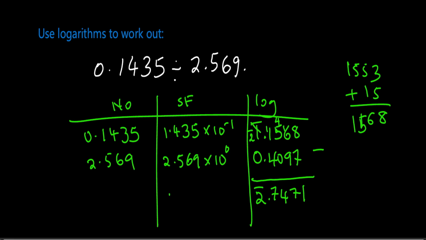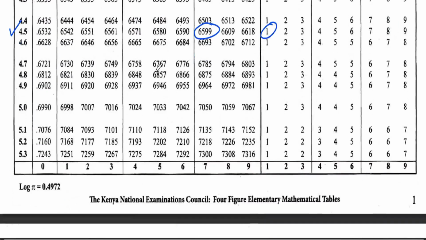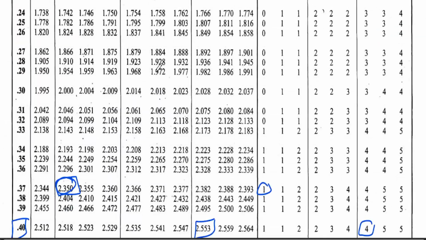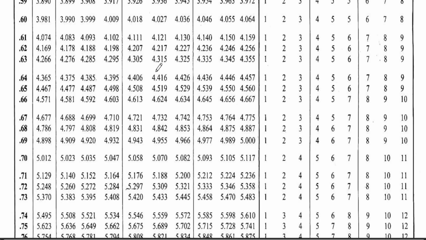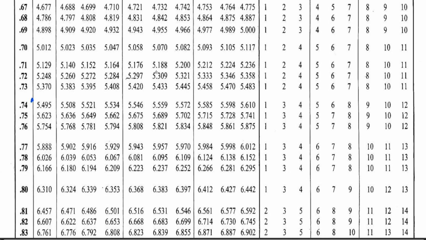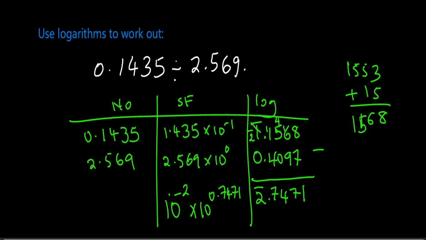Now let's search for the antilog. So this is going to give you 10 to the power of negative 2 times 10 to the power of 0.7471. So let's search for 0.7471, which is just here, 7, 4. This is 7, 1. So 5.585 add 1 is going to give you 5.586.